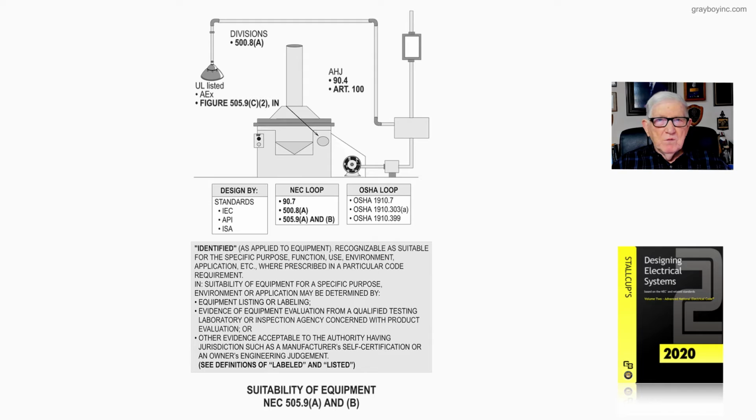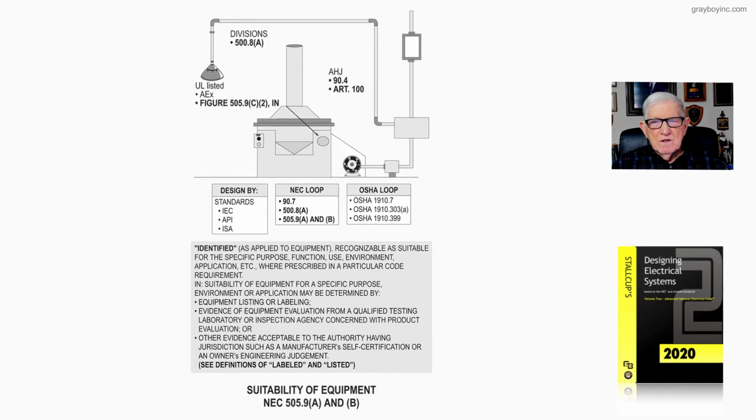Our equipment that we select, I want to kind of get that straight, I kind of misquoted there, would be 500.7 for the divisions in the NEC. In the NEC, of course, we're going to pick up 505 that we just previously looked at if we're in the zones.